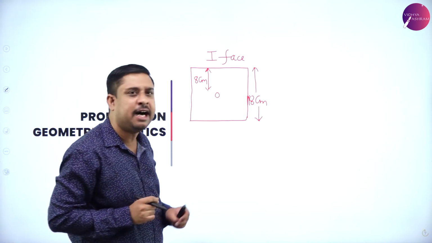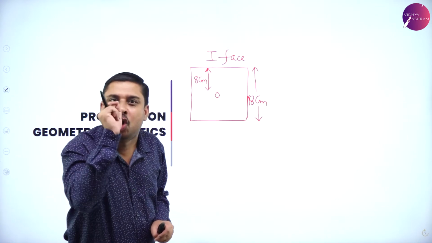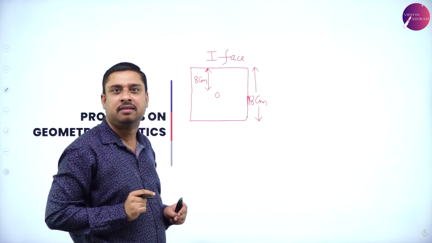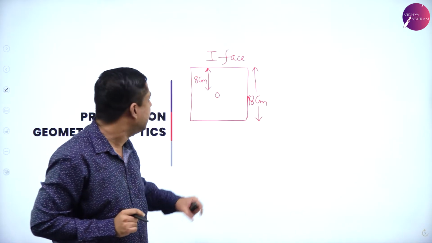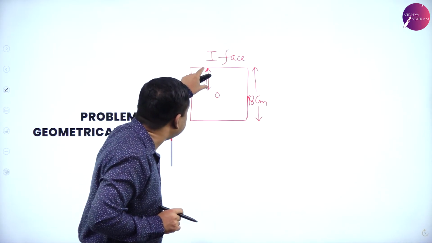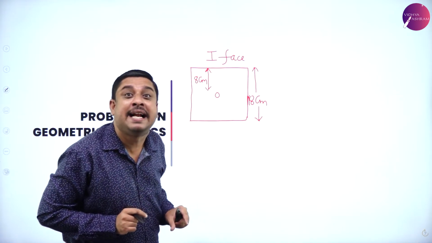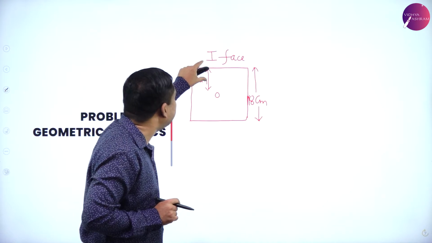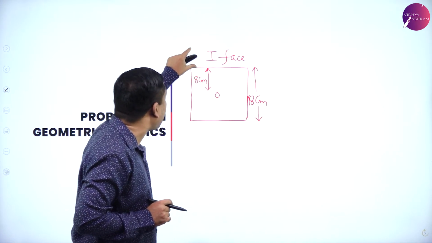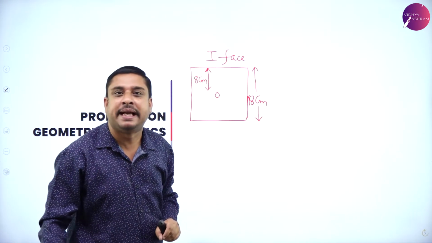It is somewhere here. But when you are looking at that air bubble from the first face, it appears to be apparent depth, appears to be at a distance of 8 centimeters.